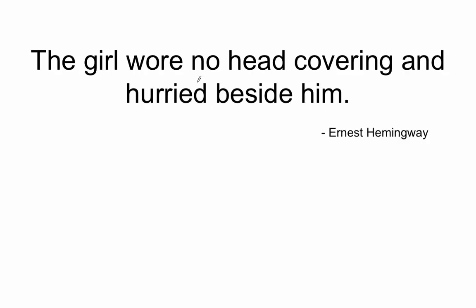The girl wore no head covering and hurried beside him. So in this case, you're taking a look about subject. It's pretty easy. We were talking about the girl right here. Subject, okay, slash. Now, what happened to the girl? What were the actions involved? She wore no head covering, and then we have and hurried beside him.